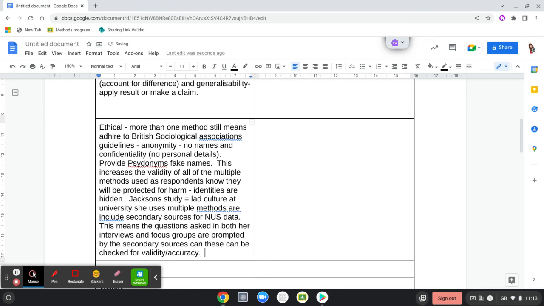So basically, she uses the interviews and the focus groups to check whether the secondary sources and the results of those secondary sources are accurate.